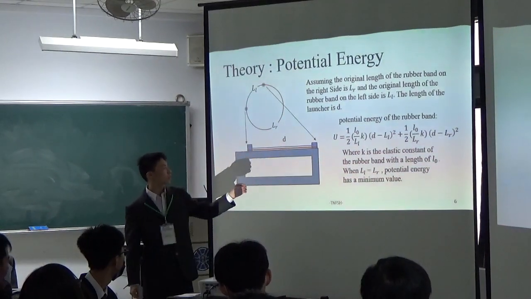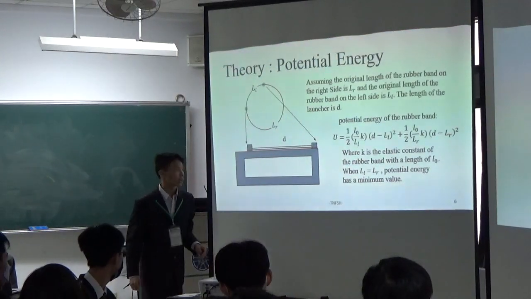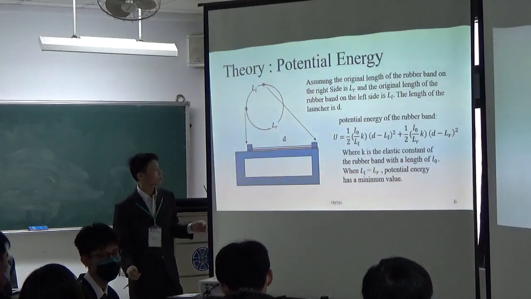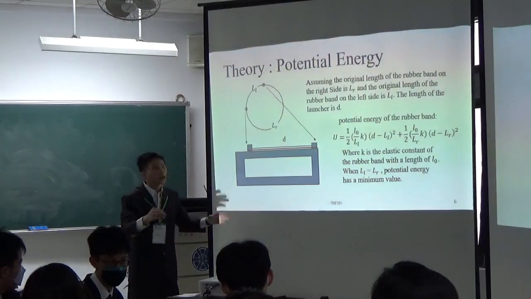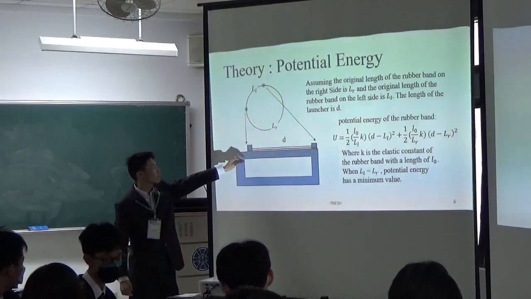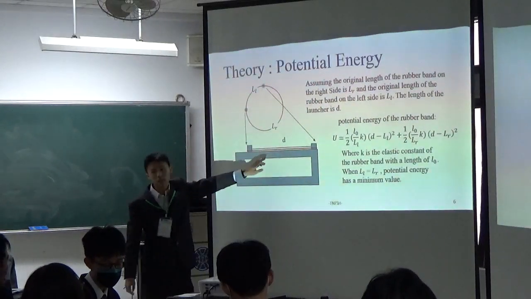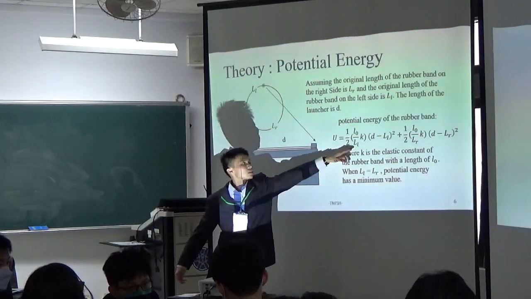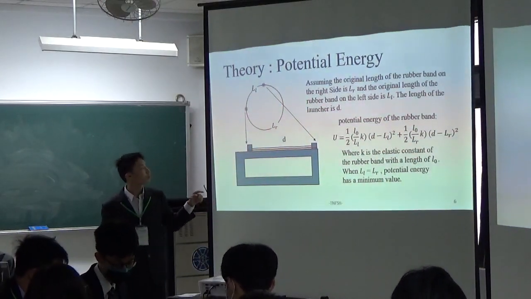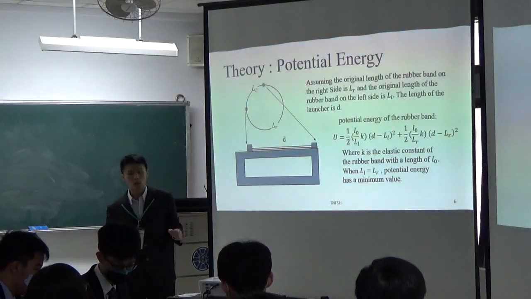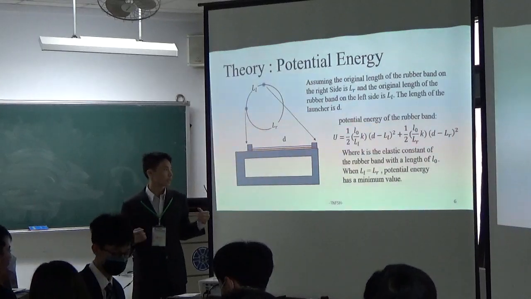Notice this K is the elastic constant. Since we measured the elastic constant of the whole rubber band, but in this case we divide it into L left and L right, we have to use L0 over L left or L0 over L right to get the correct elastic constant.